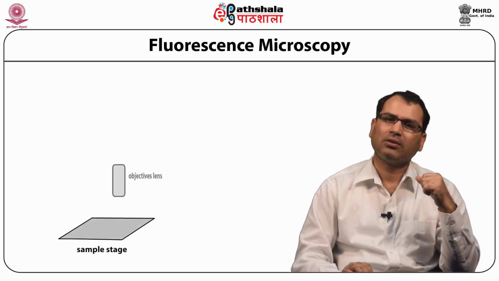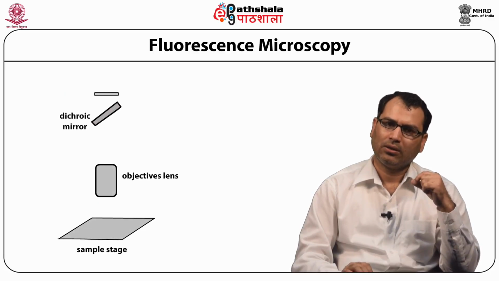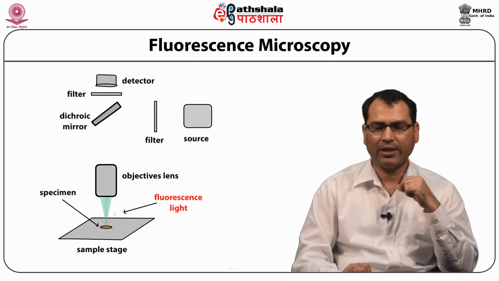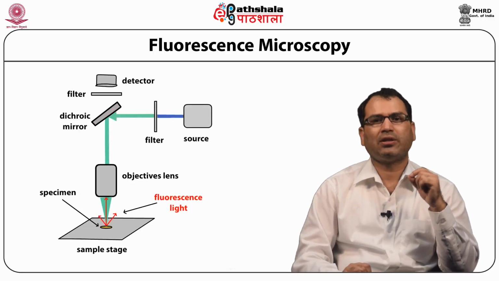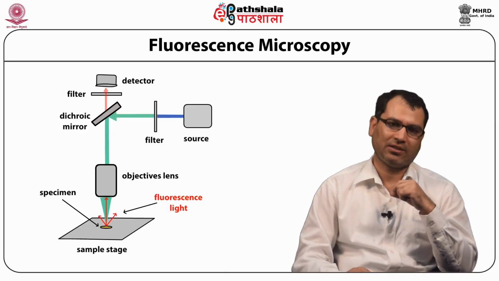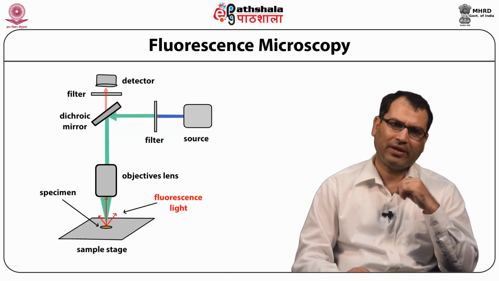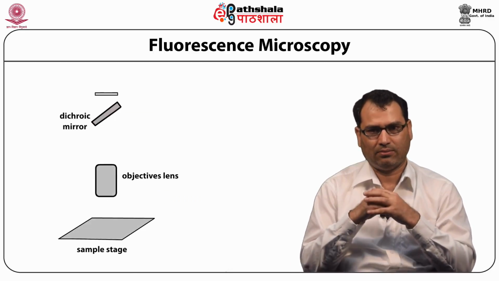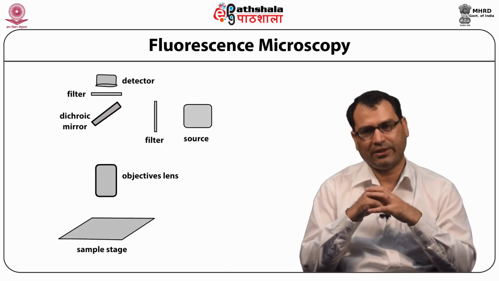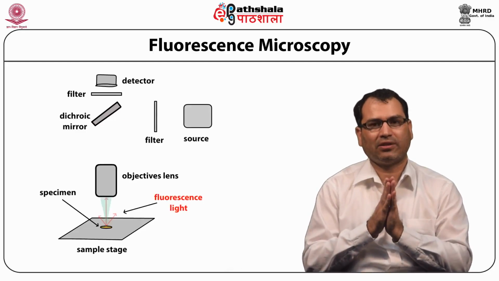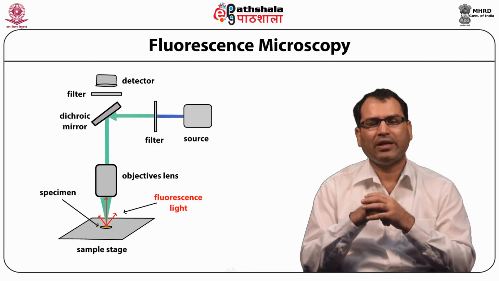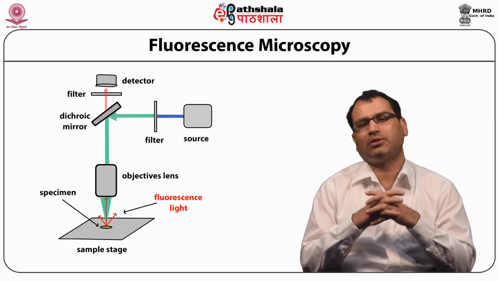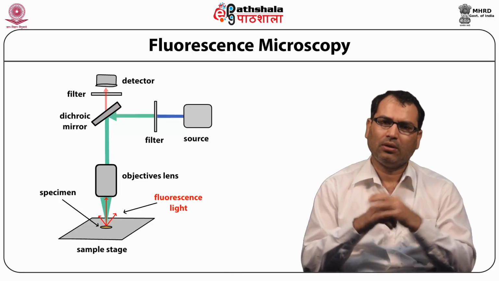And the dichroic mirror makes sure that the light which is emitted by the sample, meaning the fluorescence light, is transmitted through it and reaches the detector. The experimental arrangement is such that the incident light is at 90 degrees from the direction of detection of the signal. So you will find in most experimental configurations arranged for fluorescence microscopy in this kind of fashion.